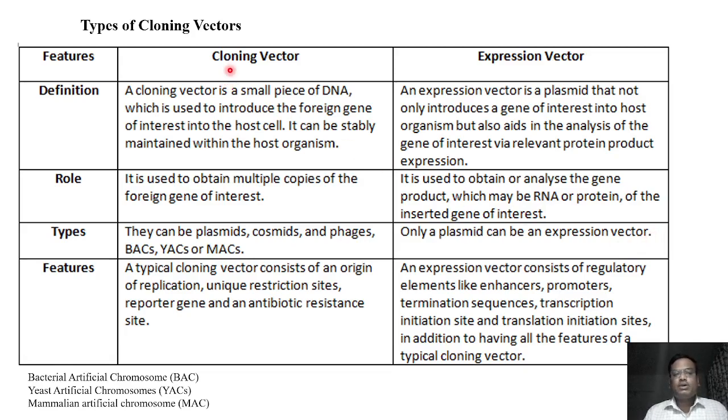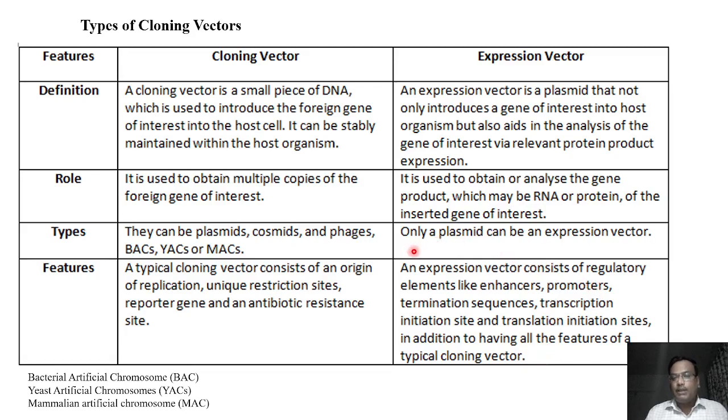When it comes to the cloning vector, we have the choice of plasmids, cosmids, phages, BACs, YACs, MACs, whereas for expression vector, we can use only the plasmid. And features: an expression vector consists of regulatory elements like enhancers, promoters, termination sequence, transcription initiation site, translation initiation site, in addition to having all the features of a typical cloning vector.